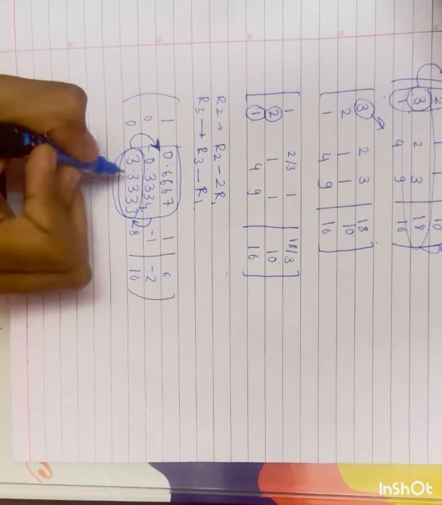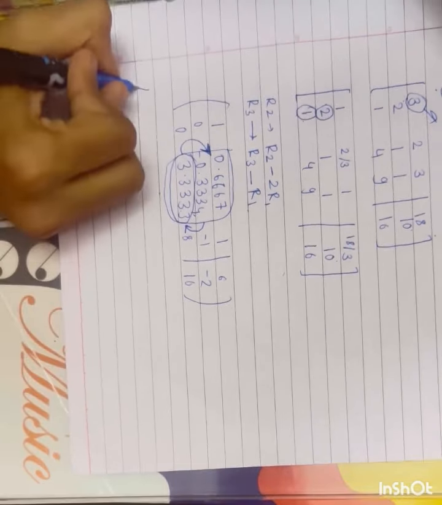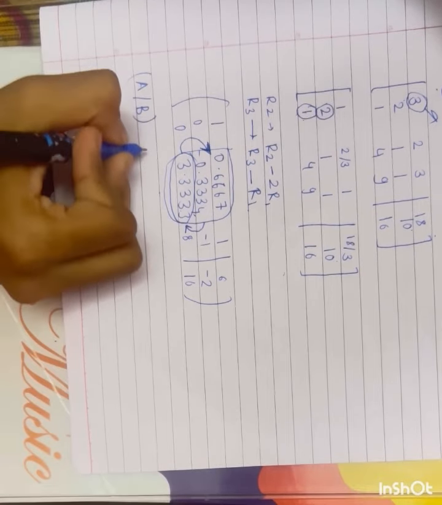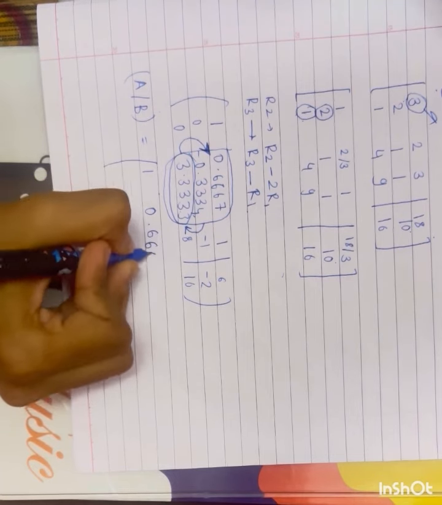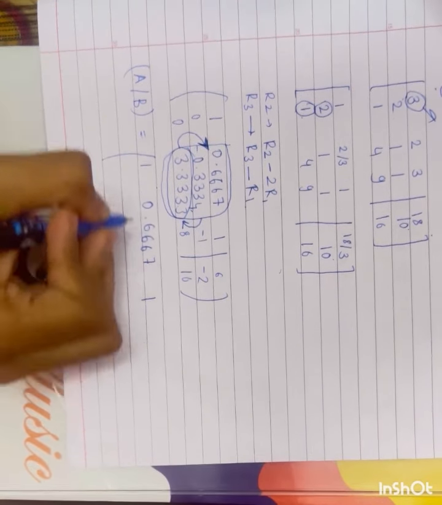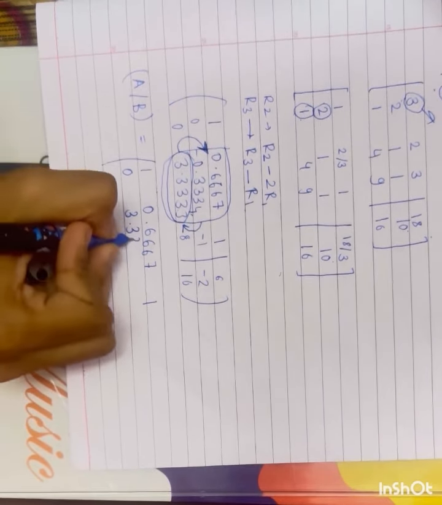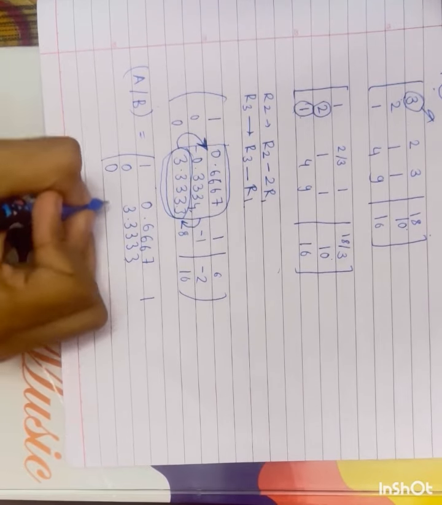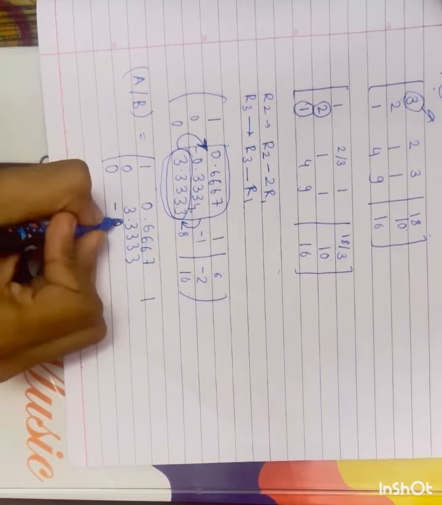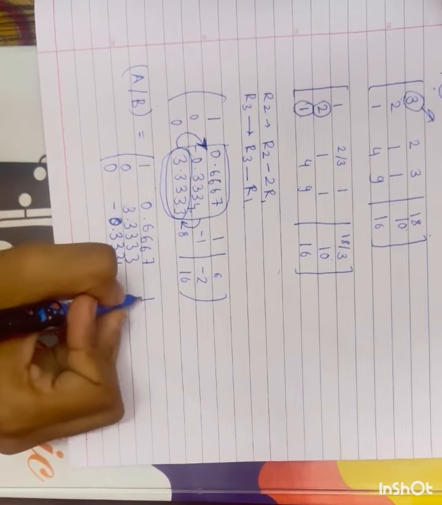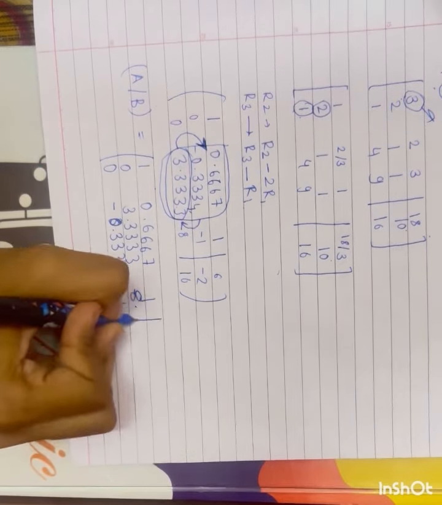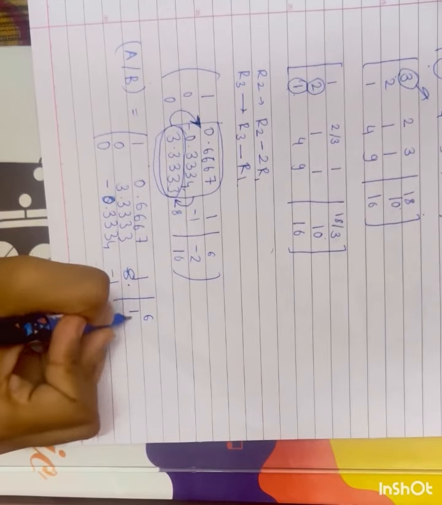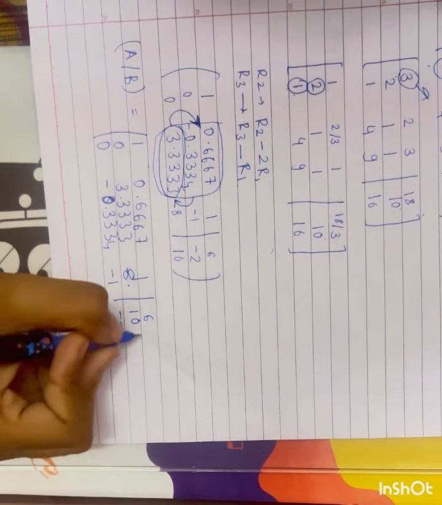This goes upwards, this comes below it, and then our augmented equation looks like 1, 0.6667, 1, 0, 3.3333, 0, minus 0.3334, 1, 8, minus 1, 6, 10, minus 2.